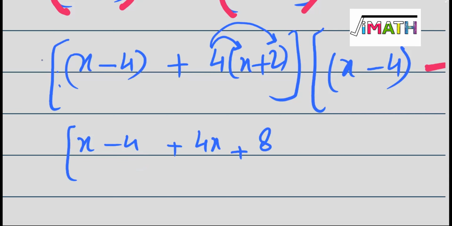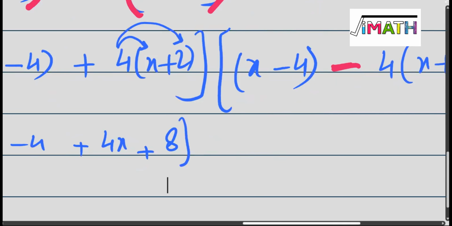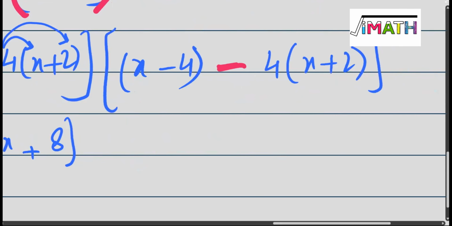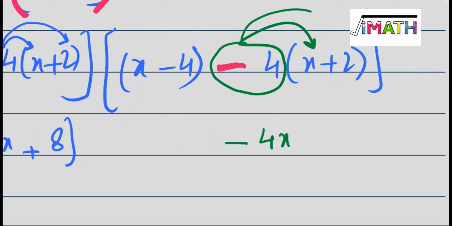So that's my left factor, and let's use the distributive property for the second factor. So if you multiply minus 4 with x, you would get minus 4x, and if you multiply minus 4 with the positive 2, you would get minus 8, right? Yeah. And x minus 4, that's my right factor.